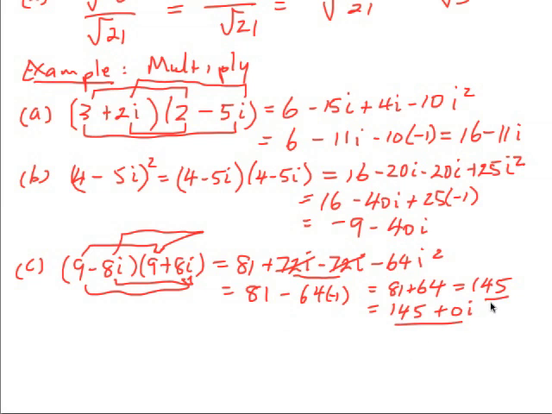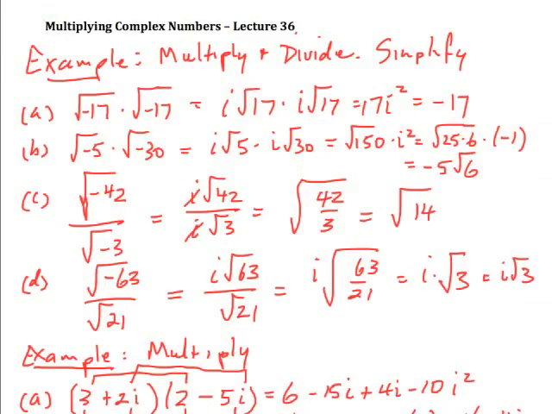We just get a real number in that case when we're doing these two, and these are what we call conjugates, and that's an important property that we're going to use later on. So that's how we multiply complex numbers.